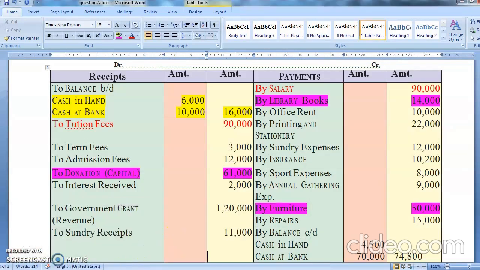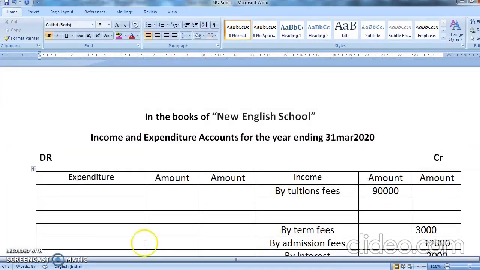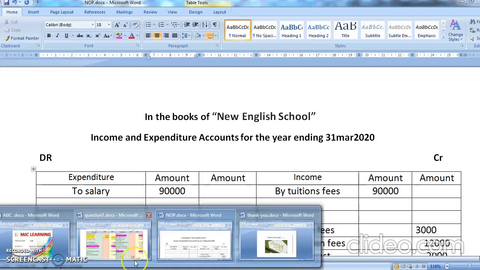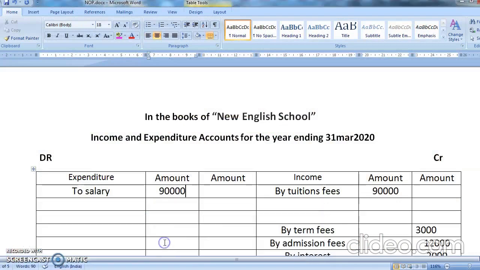Salary is 90,000. So salary comes here, to salary, inner column, because there is an adjustment, 90,000. Then you have office rent 10,000, printing and stationery 22,000.